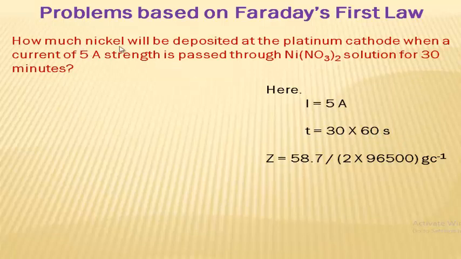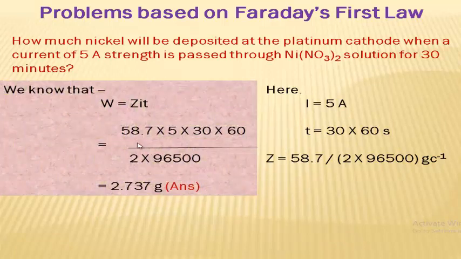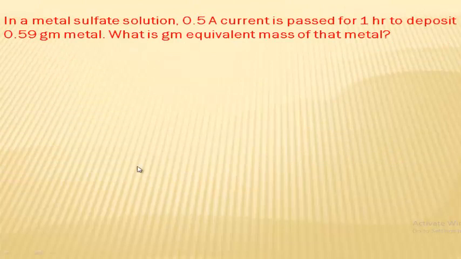Atomic mass of nickel 58.7 divided by valency of nickel, here 2, multiplied by 1 Faraday. So putting these values in the formula, we can easily solve our problem, and we will get the amount of nickel, that is 2.737 gram.